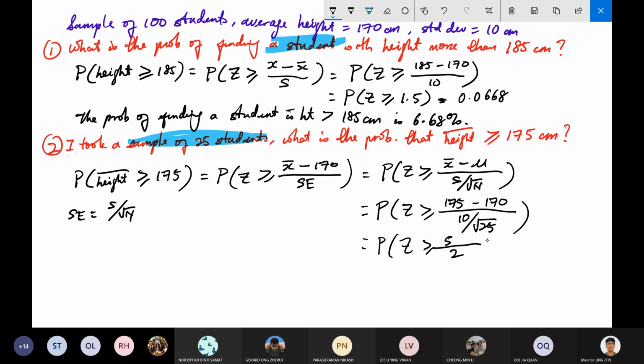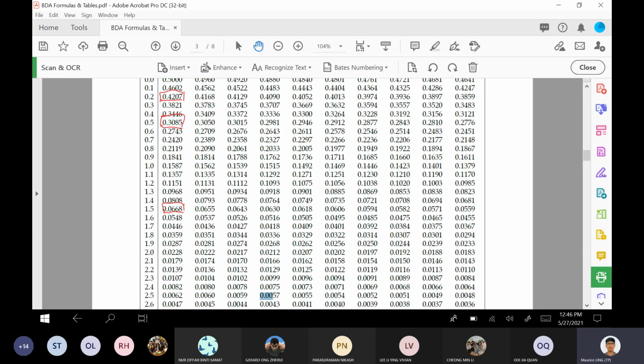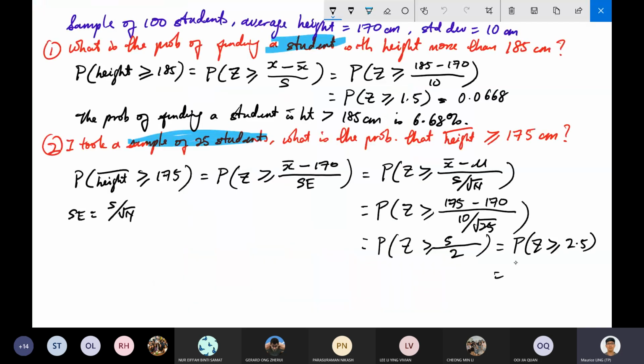Two, right? So this will be 5 divided by 2, which is 2.5. So you go back to your table to find out what is 2.5. 2.5 is here, 0.0062.